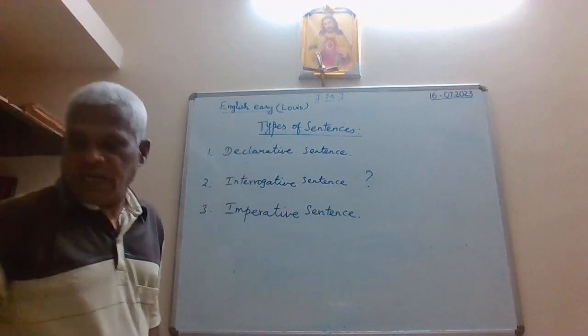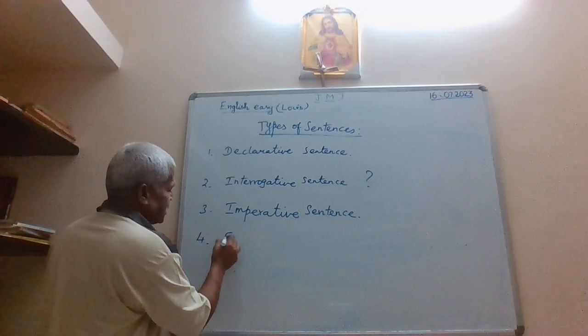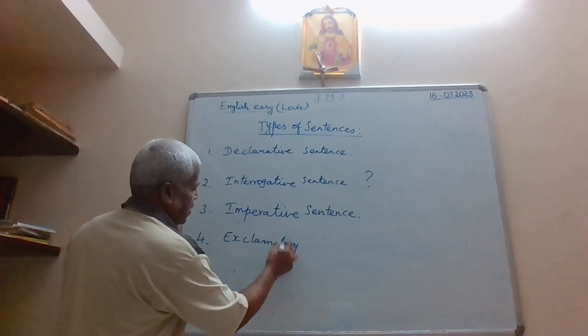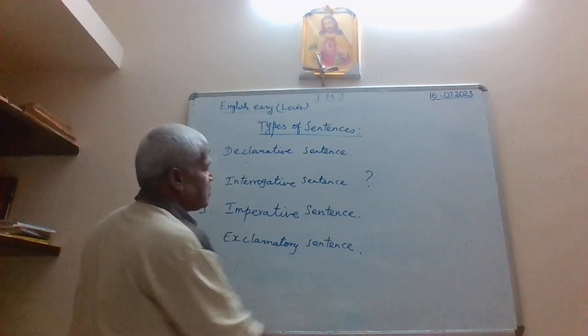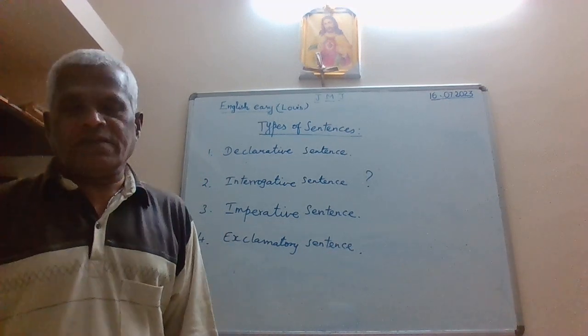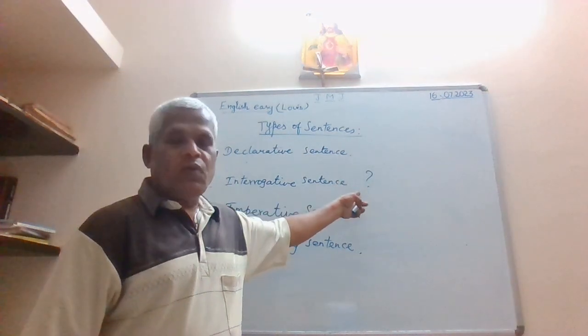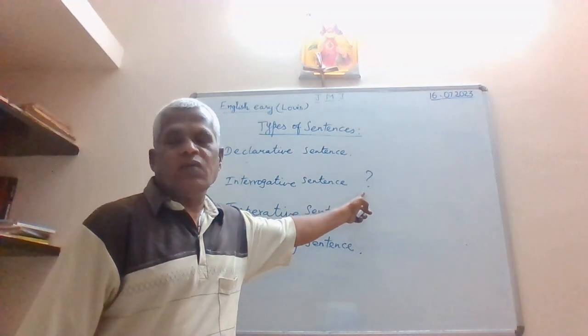Now what is the fourth one here? The fourth type of sentence is known as the exclamatory sentence. Okay? When we talk about interrogative, your mind should immediately go to the question mark.